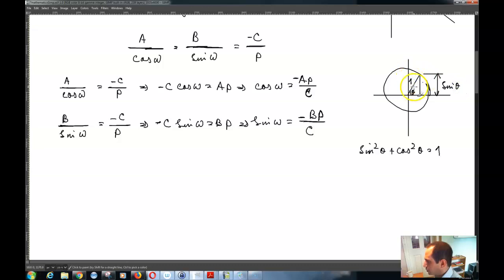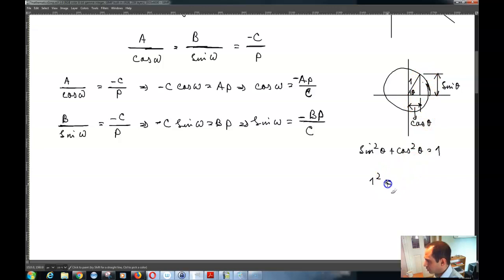If this is a unit circle and the radius is 1, this length over here becomes sine theta, and this length over here becomes cos theta. Based on the Pythagorean theorem, in a right triangle the hypotenuse squared is equal to the sum of the squares of these two sides.